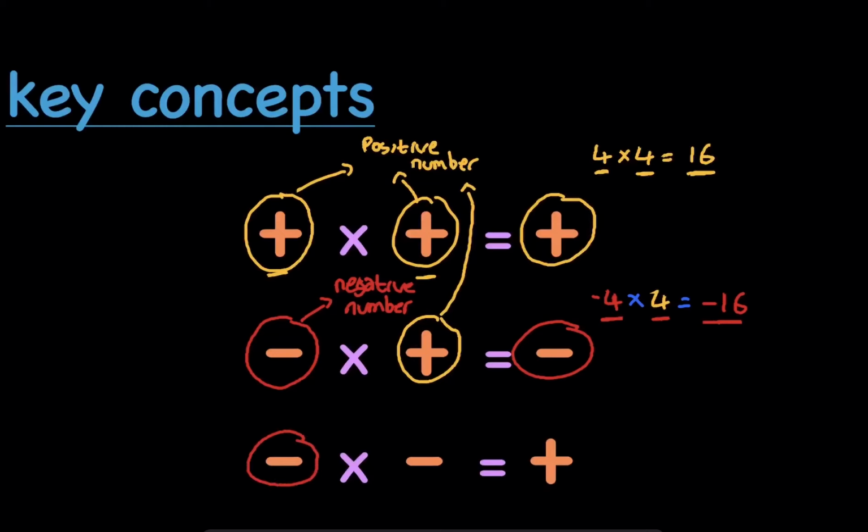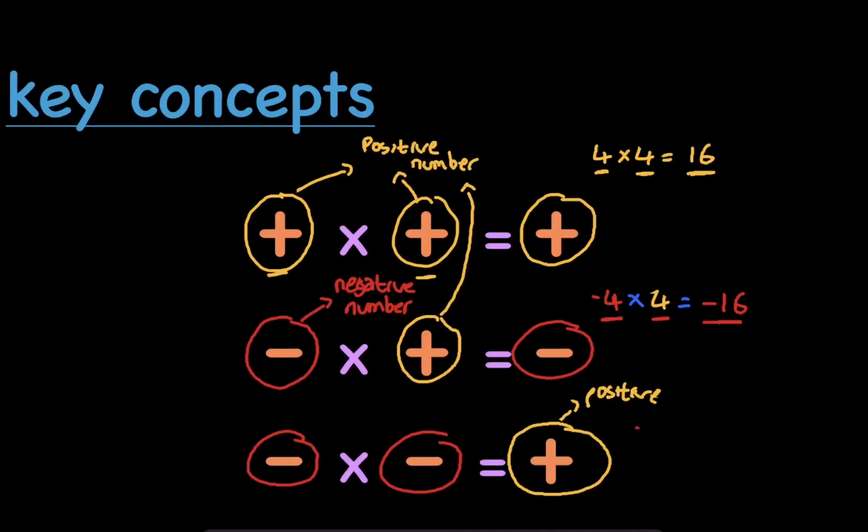Now the third scenario that you get is a negative number. Just know that the color red is negative. Let's say you have a negative number multiplied by another negative number. Your answer will always be positive. Let's take a look at an example.